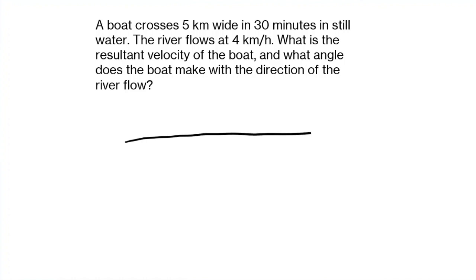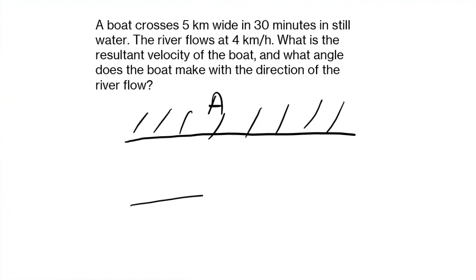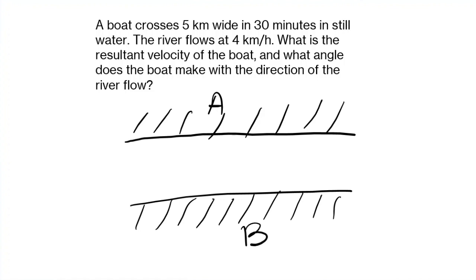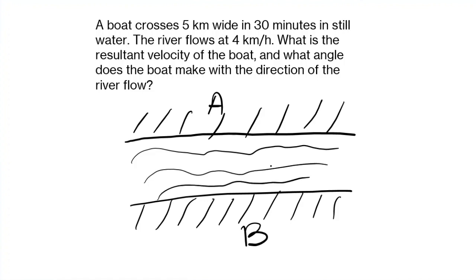So you see, let's say this side is bank A, right? This is bank A, and this is the other bank of the river. This is bank B, and the river is flowing here. Let's say the river is flowing in this direction like this, towards the east.